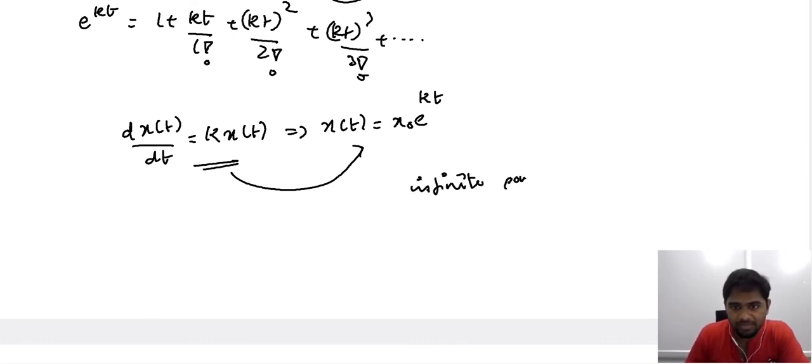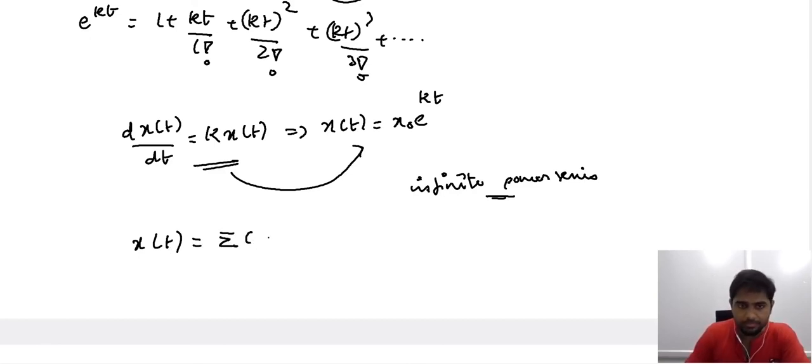Infinite power series. A function can be represented or approximated using an infinite power series. Here, let us consider the function x of t. This function can be represented using the infinite power series as the summation of Cn t power n, where n ranges from 0 to infinity.